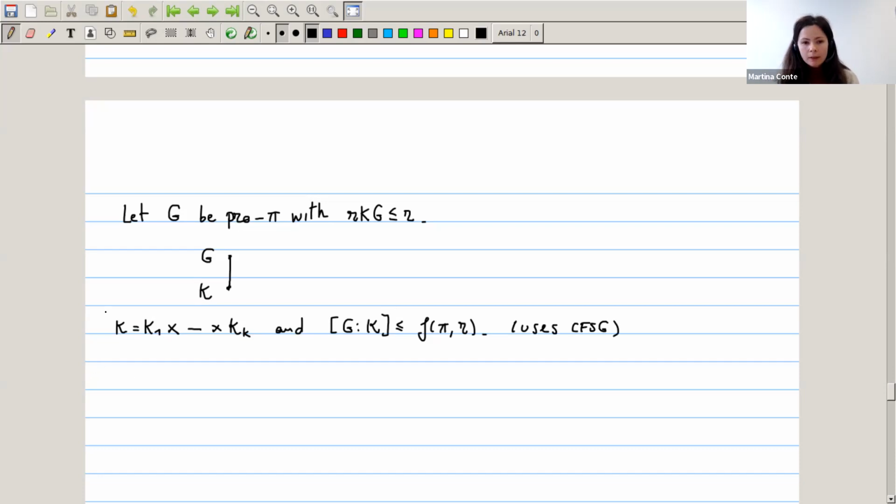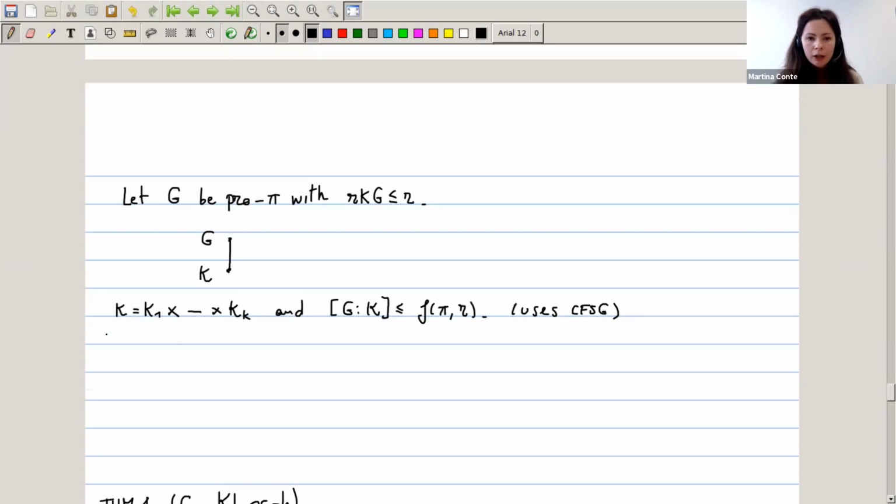Now this K will not in general be definable, but we can find a subgroup of K. Inside K we have a subgroup that I call H, that is G to the F(pi, R), that is definable.